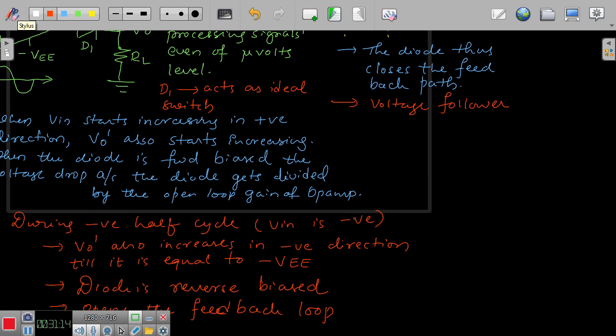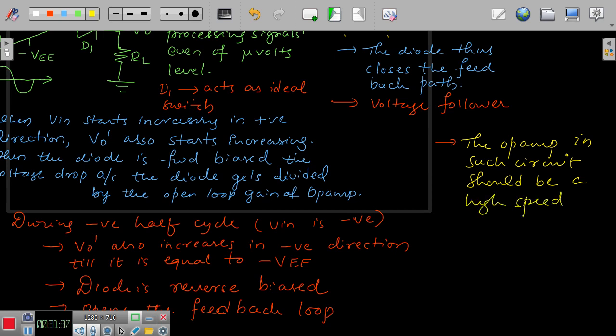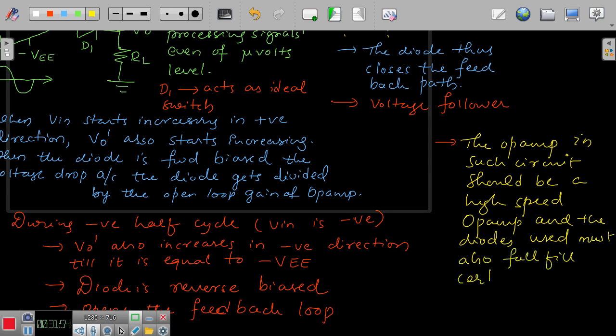Basically the switching, so the op amp here, you can just write: the op amp in such circuits should be a high speed op amp, and the diodes used must also fulfill certain requirements in order to have the high speed operation.